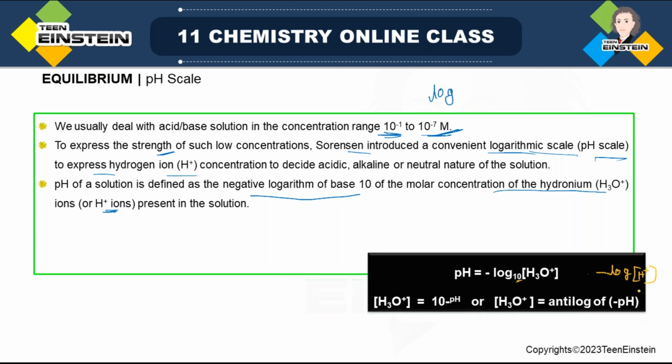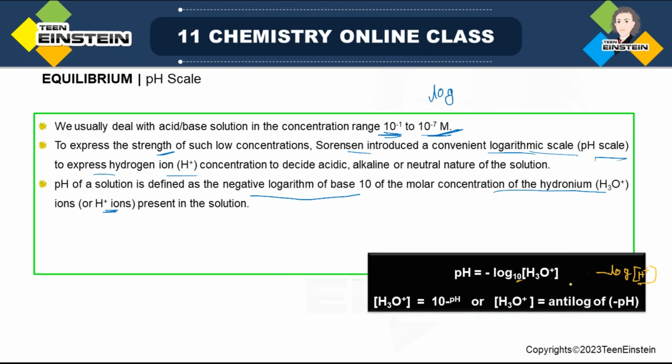So for pH, if you know H plus, just put the value here and then take the log. H plus is in the range 10 to the power minus 1 to 10 to the power minus 7. So when you take the log, that will be a negative value. And there is already a negative sign, so two negatives cancel and it will be positive.